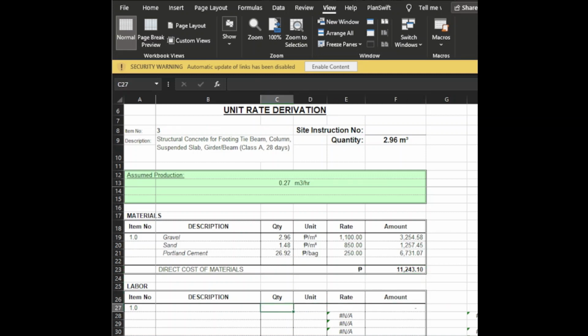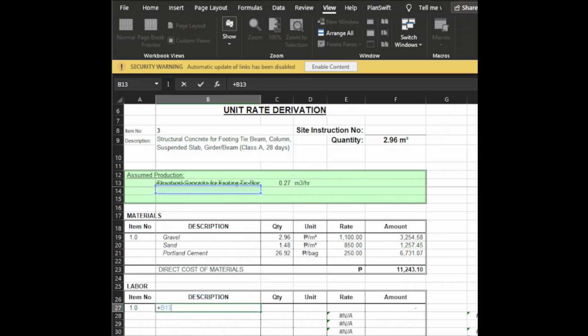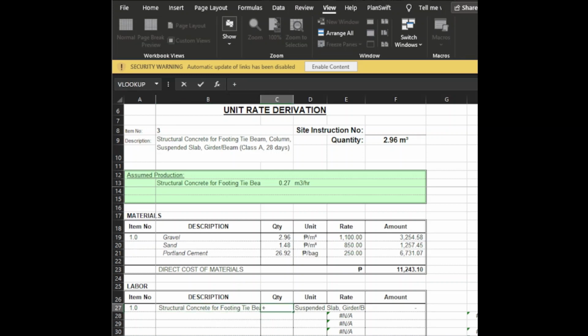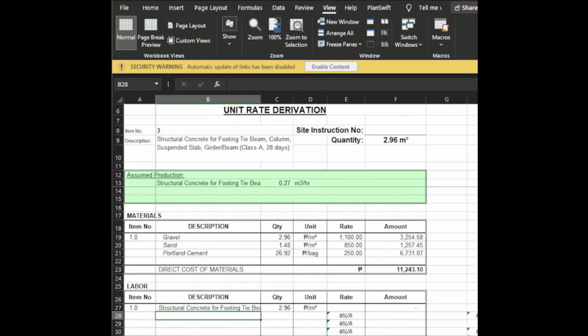For the next one, we'll just copy the description here, guys. We'll copy our quantity here, and our unit is piso per cubic meter again, and we have a formula for this one later. For our labor, we have construction foreman, skilled labor, and unskilled labor.